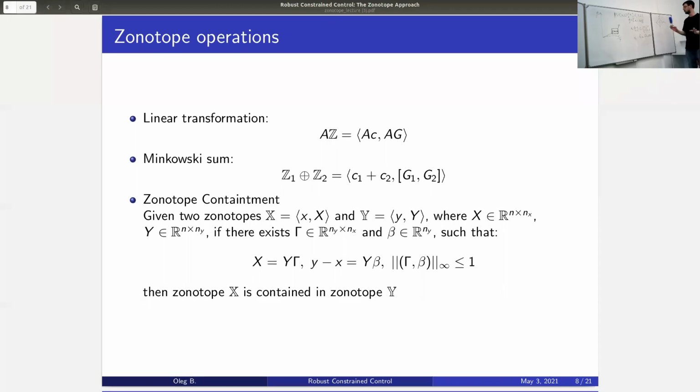You don't know what it is, but you know that the disturbance on each step is bounded by this Zonotope, and you want to add this Zonotope to this one. Intuitively, it's described in this way.